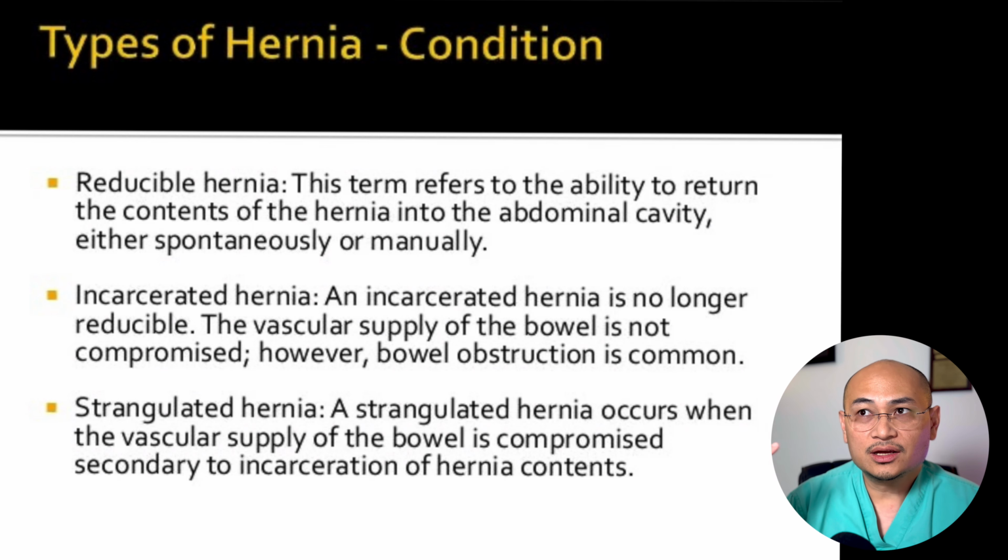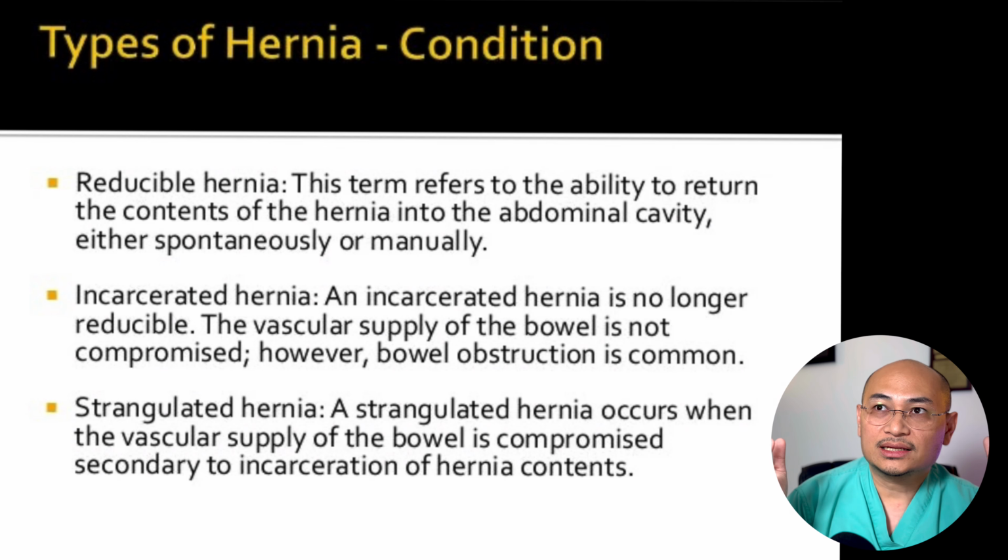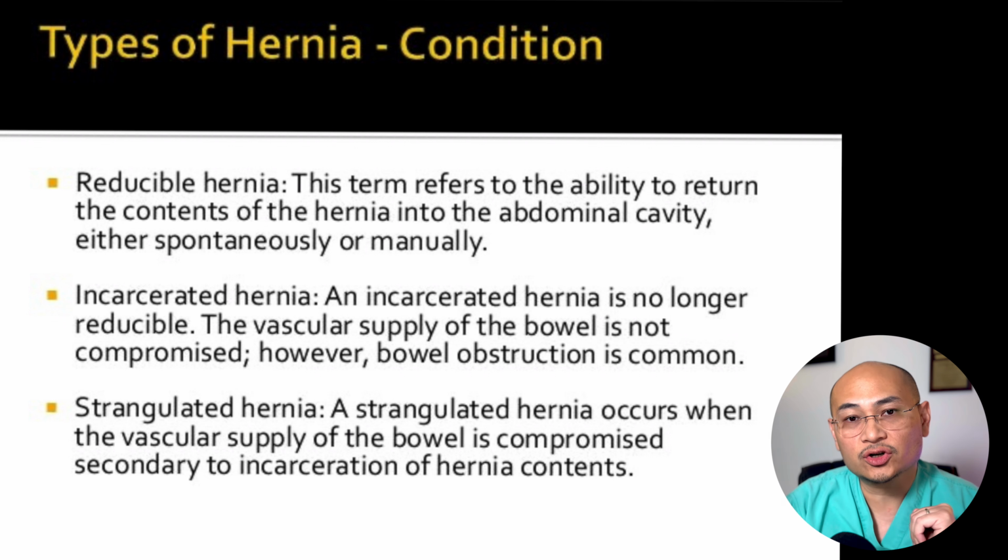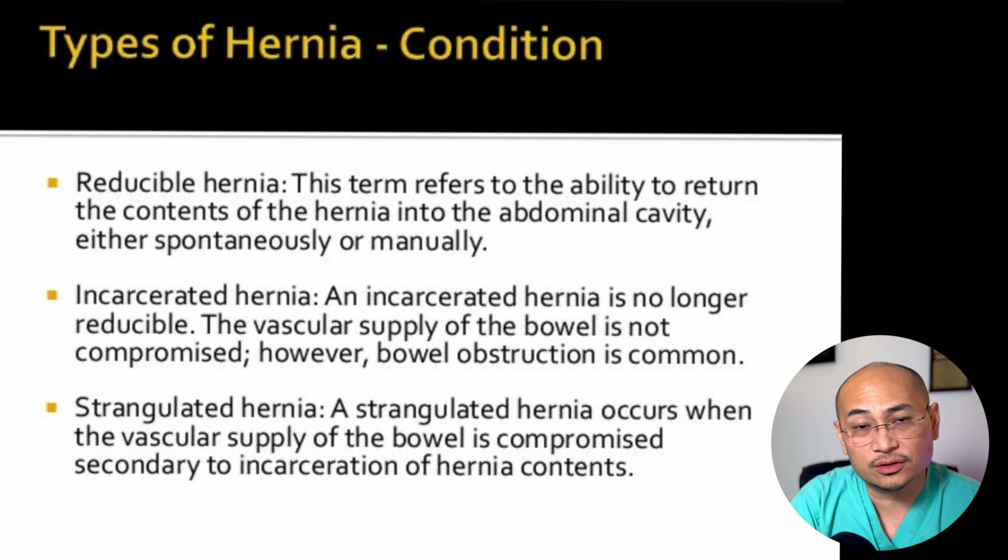Okay, then what about strangulated and incarcerated? Well, the difference is that one actually has concern for ischemia or other complications, and it could be bowel obstruction. In that aspect, it makes surgery more emergent because of the complications it poses.